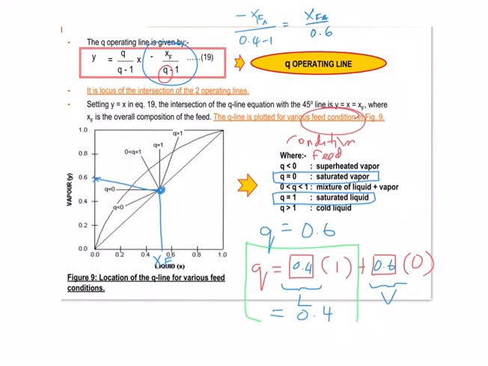If you know that your xF is equal to 0.5, let's say, you get 0.5 over 0.6, which is less than 1. If you use your calculator, 0.5 divided by 0.6, you get 0.83.